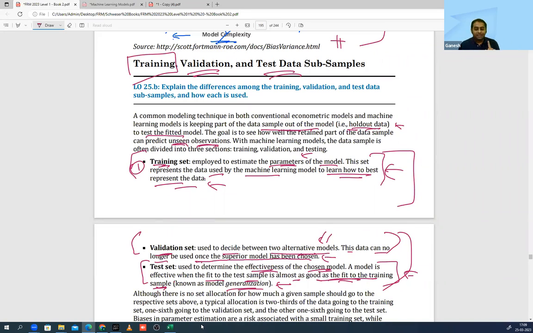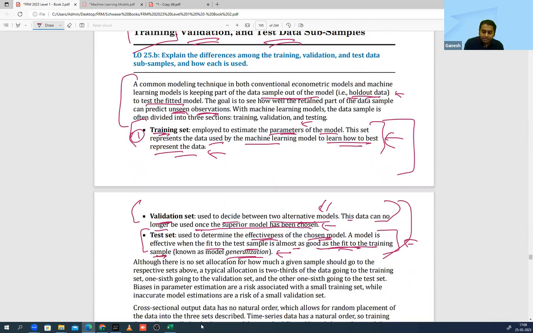Okay. Clear hai yahan tak? I'm taking a pause for this entire section. Yahan tak. Read this section and then we'll move ahead. You're almost done.